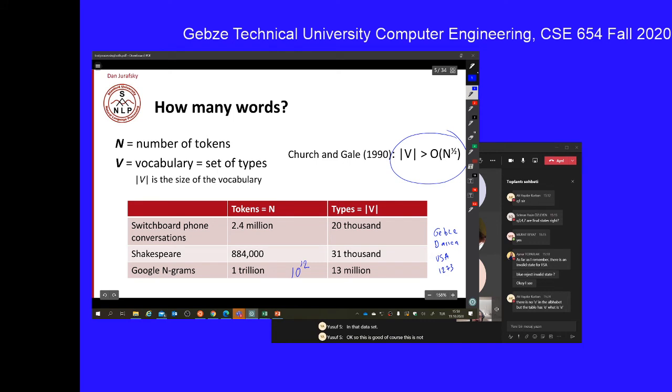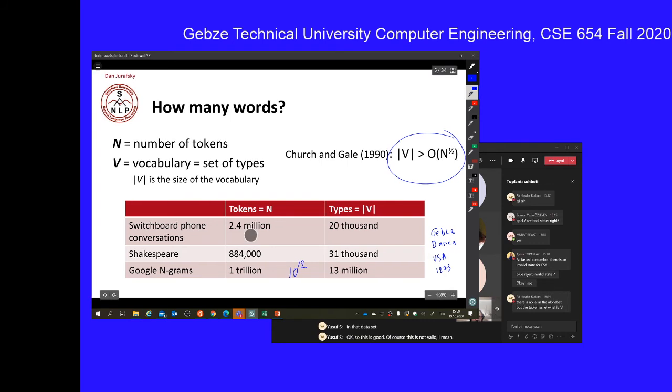I mean, what is the square root of 2.4? It is larger, but it doesn't tell me equals or something like that, okay? So this is just a comparison. Number of word types in the dictionary is going to be much smaller than the number of tokens.